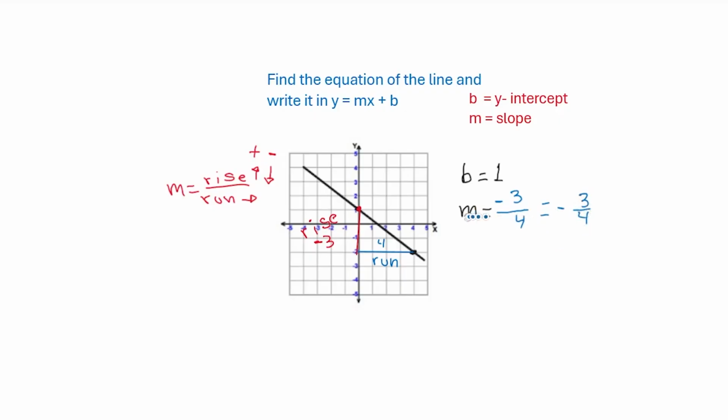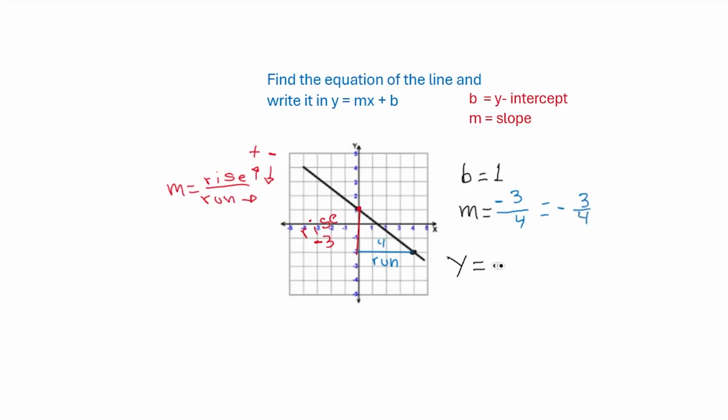Now we have the slope, and then we have the y-intercept. And all we're gonna do now is replace the values into that equation. Okay. So the answer for this, that should be y equals, the slope is just gonna be the number.